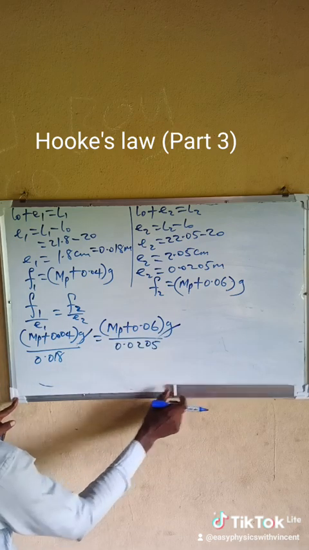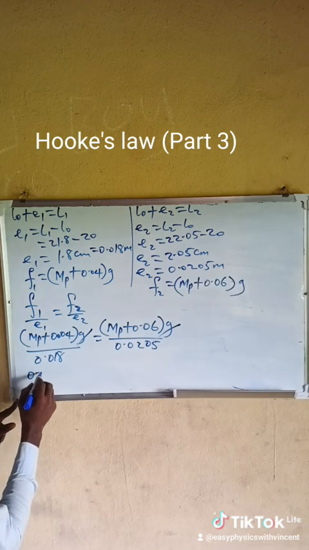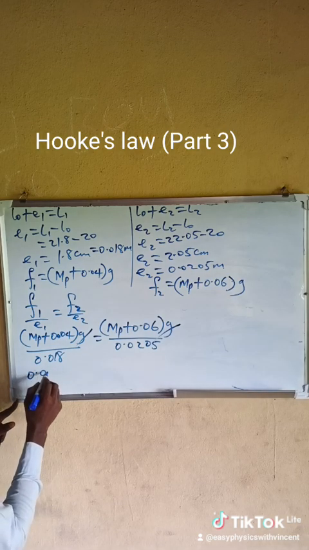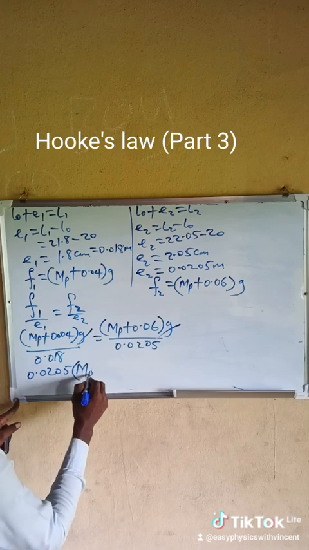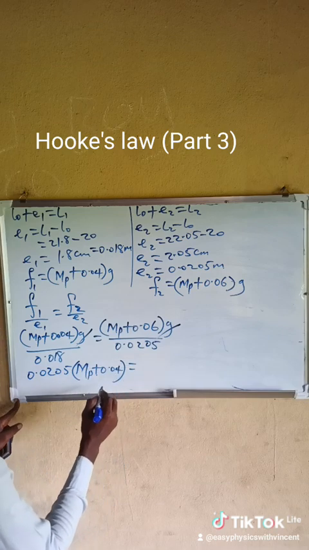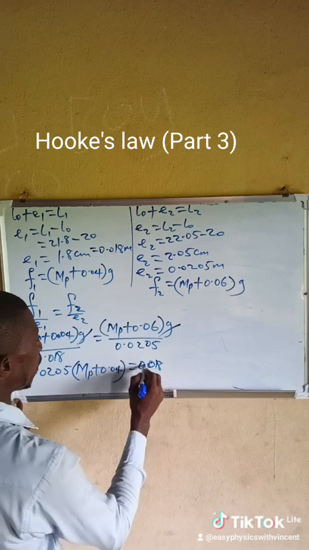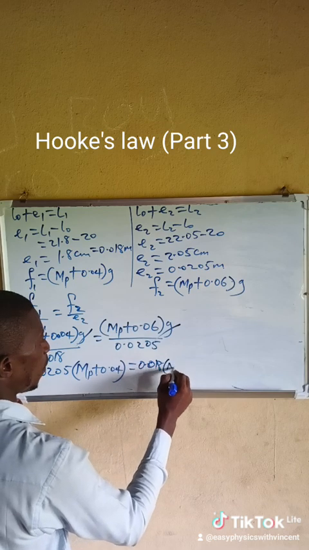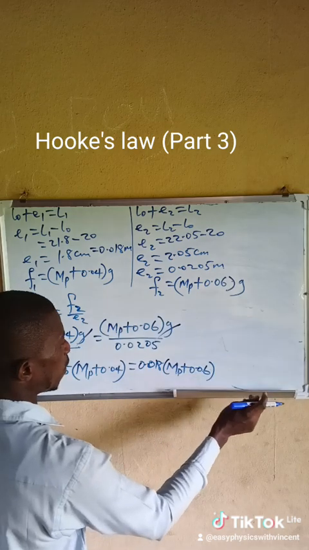The g will cancel out, so what I will just do is cross multiply. I will have 0.0205 into mass of scale pan plus 0.04 equal to 0.018 into mass of scale pan plus 0.06.